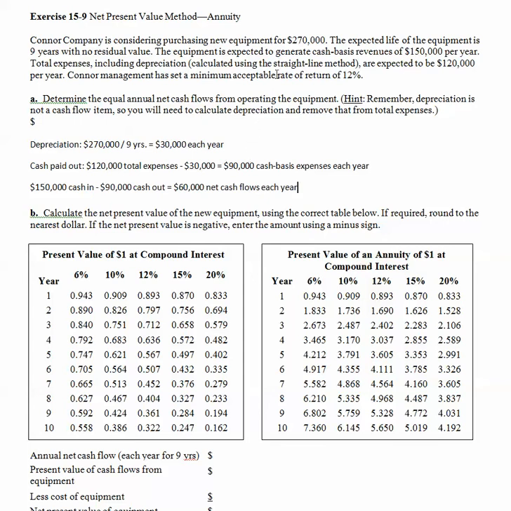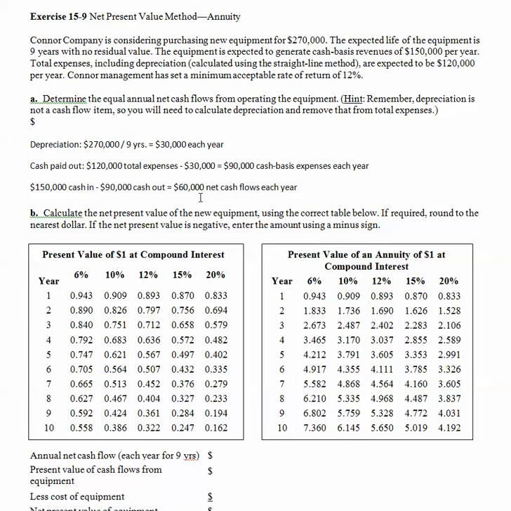So we are wondering whether or not it's a good investment to purchase this equipment for $270,000. It's going to last us 9 years, and each year it's going to either save us $60,000 or it's going to make us an extra $60,000 in cash flows.